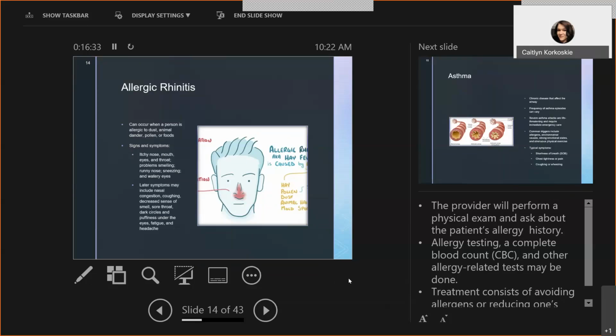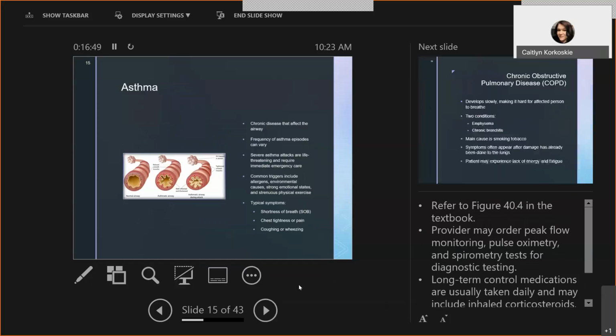They won't have a fever because they don't have an infection. It's simply a reaction from your body to an external source. Your body's just not liking all of that extra stuff going on.